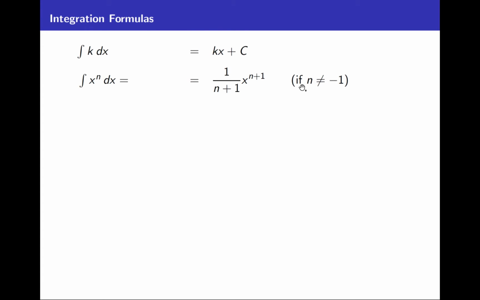And this also only works for n not equal to -1, so you don't want to get the 0 in the denominator. Now, you might ask, what would you do if you had x to the power of -1, where n really was equal to -1, and you couldn't use this formula?